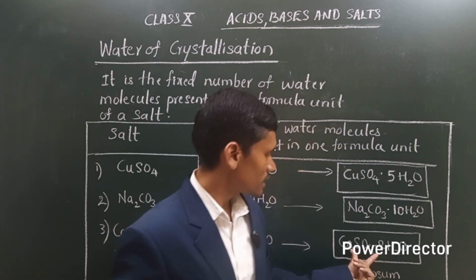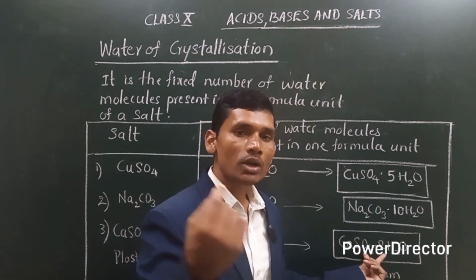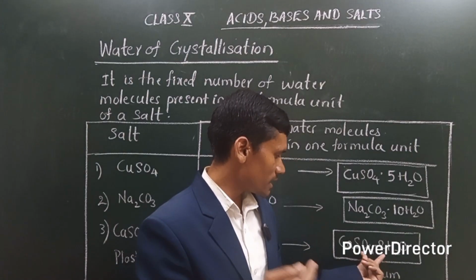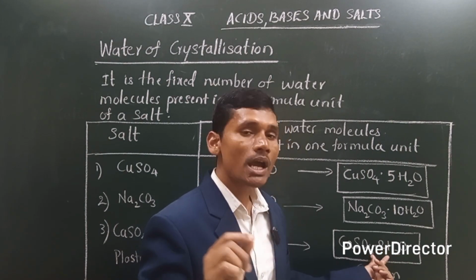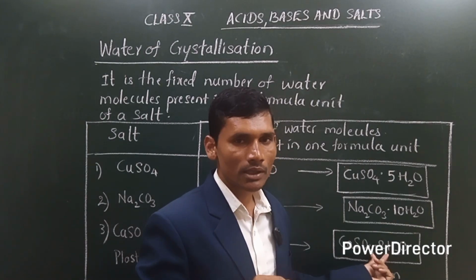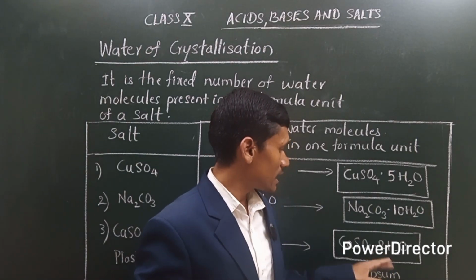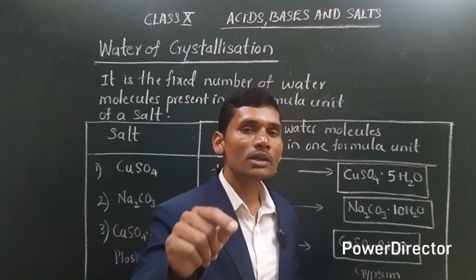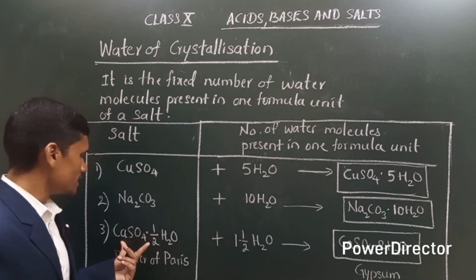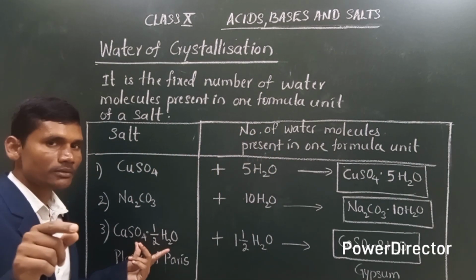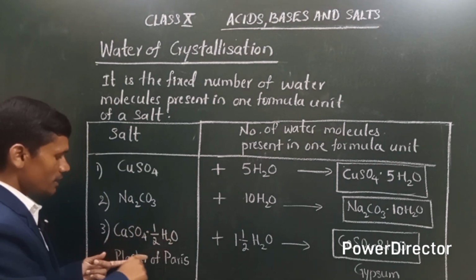Here calcium sulfate with two water molecules, means it is hydrated calcium sulfate, right? Two water molecules are there in that. If you heat this at 373 Kelvin, at that temperature it loses 1.5 water molecules, and it becomes calcium sulfate hemihydrate. Okay, we call this plaster of Paris.